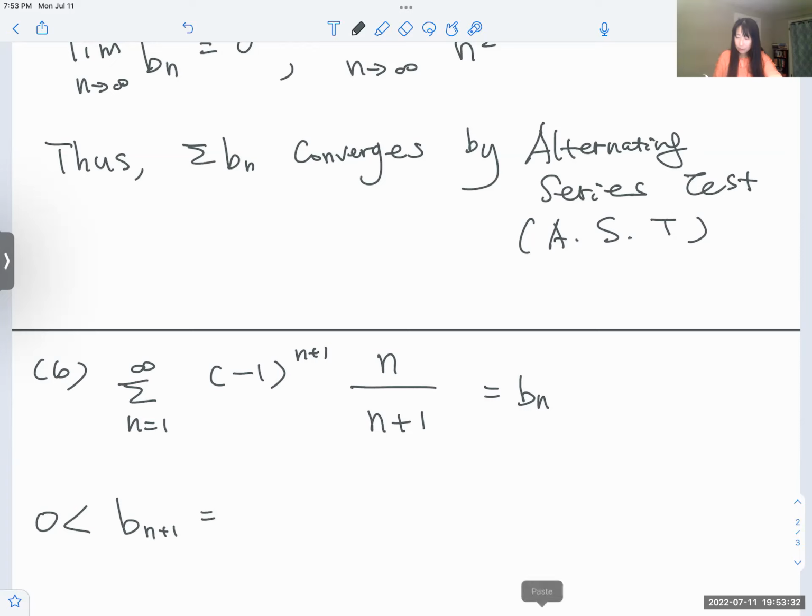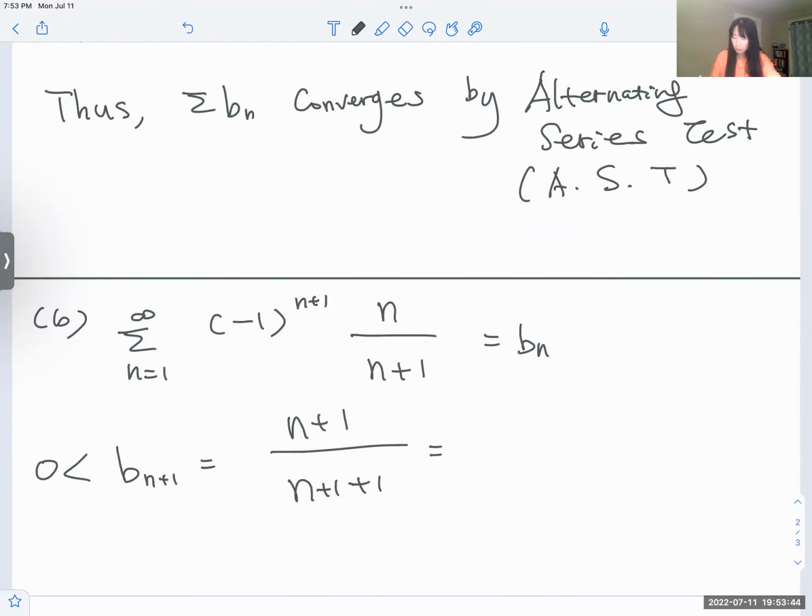We substitute n plus 1 into the n, right? So what do you have? We have n plus 1 over n plus 2. And is b sub n greater than b sub n plus 1?